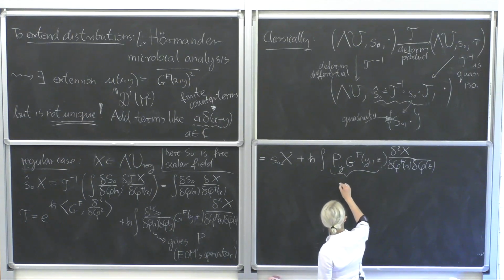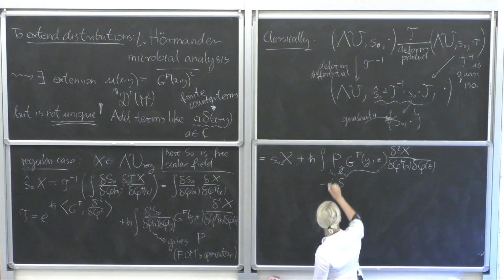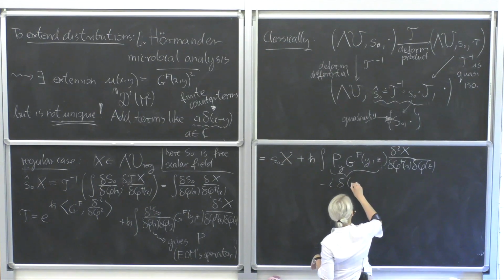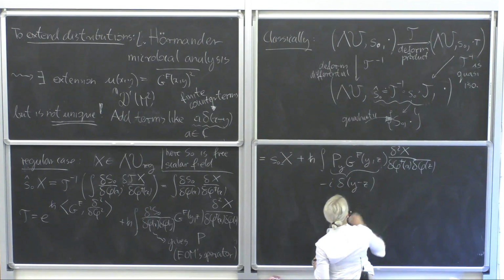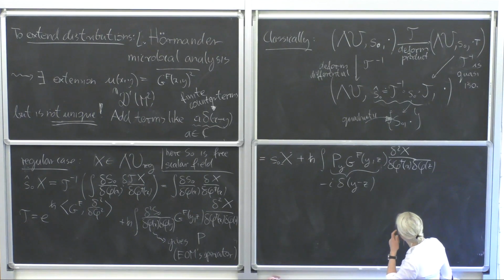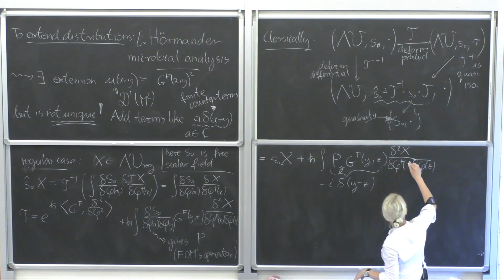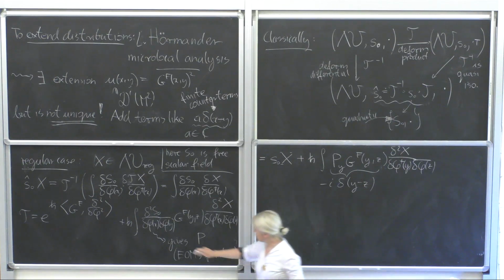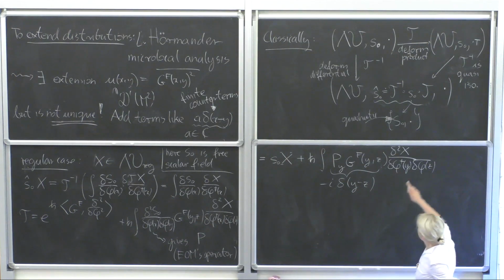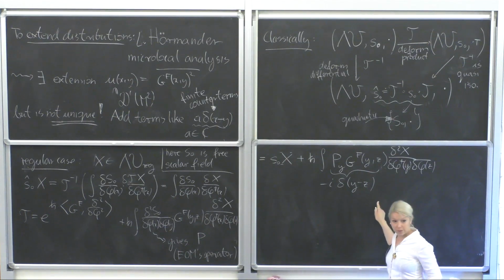So that is going to give minus i delta y minus z. Then I integrate that out. So here I should also have a y because I had a Dirac delta in x and y. I integrate out this delta.